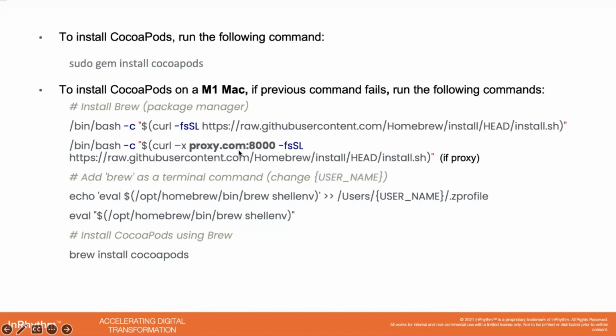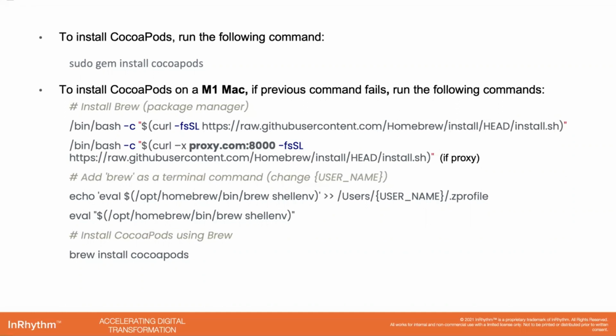Once you try to install Homebrew, you may need to run the next two commands to add brew as a terminal command. Then when you've got brew installed, you can check by running which brew. If you can see the Homebrew path, it means it's installed.